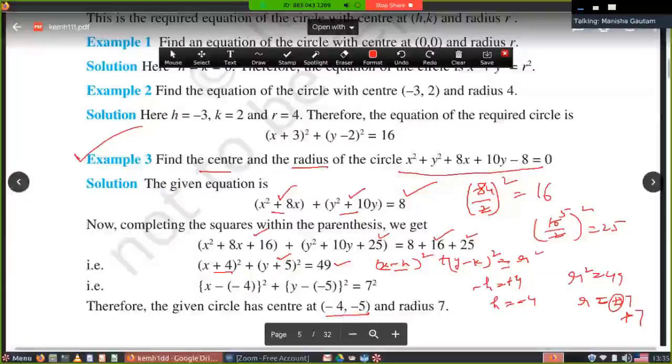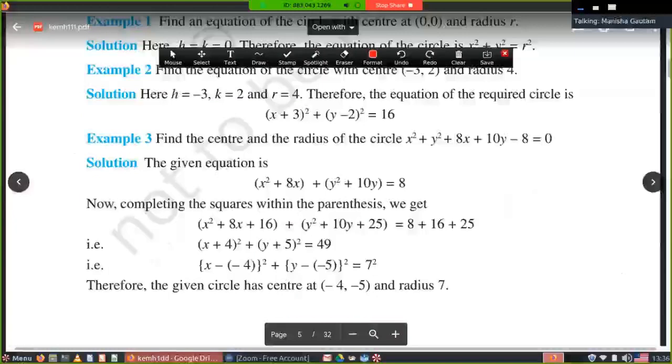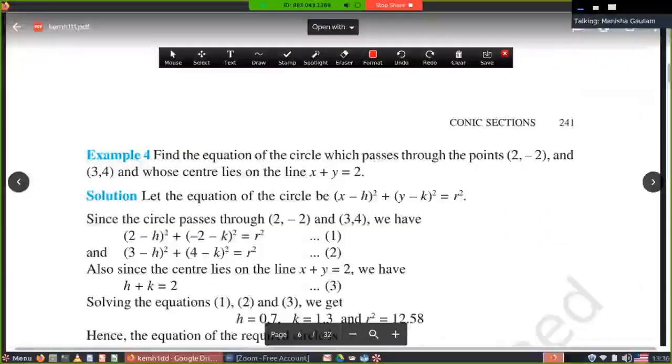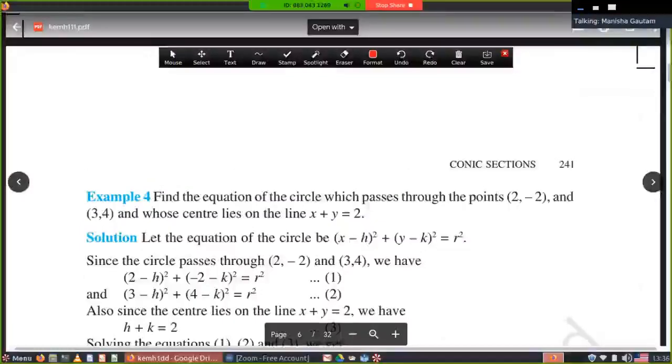Okay. Now come to the next question, example number 4. What is given in the question? Find the equation of the circle which passes through 2 points. Suppose this is a circle.